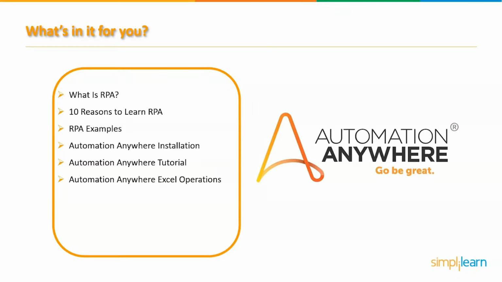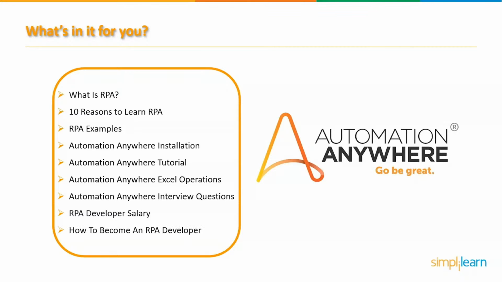We will see how Excel operations are performed in Automation Anywhere. Proceeding further, we will see some of the important interview questions that will help you crack Automation Anywhere interview. Proceeding further, we will see RPA Developer Salaries and finally, how to become an RPA developer.